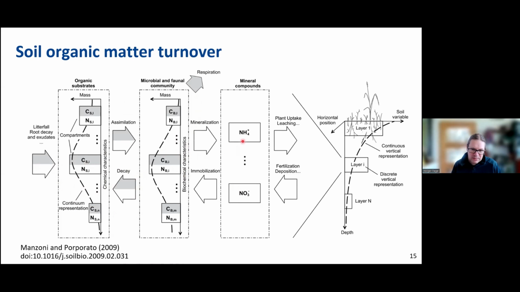Then microorganisms can mineralize organic compounds to produce, for example, ammonium and nitrate, which can then be taken up by plants as a nutrient. And of course, you can also have additional inputs by land management, due to fertilization, for example. Microbes also immobilize nutrients, as shown here for the example of nitrogen, by incorporating it into their biomass. And with that, you get soil organic matter cycling that is largely microbially driven.